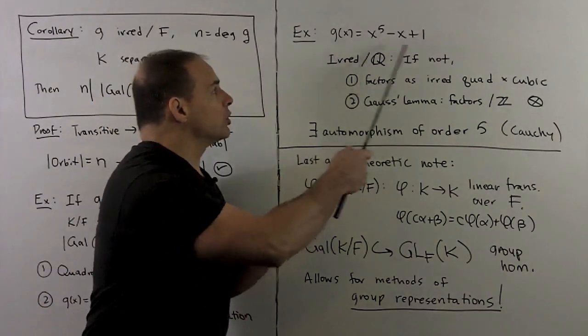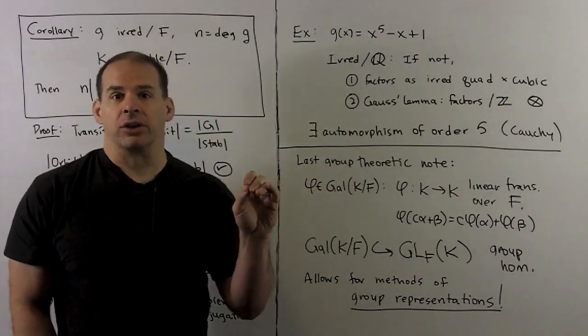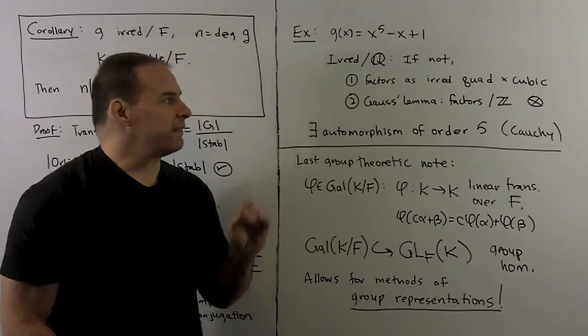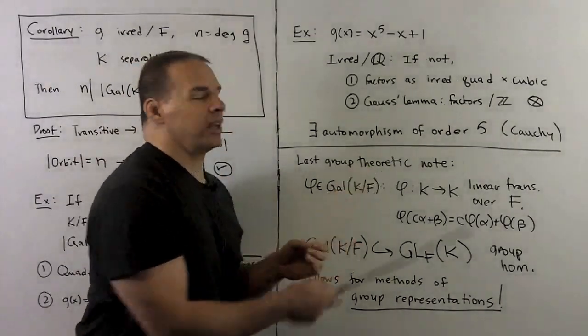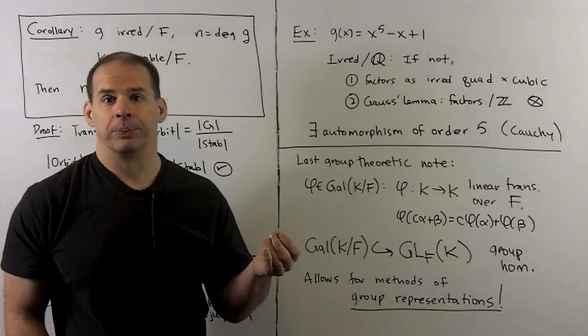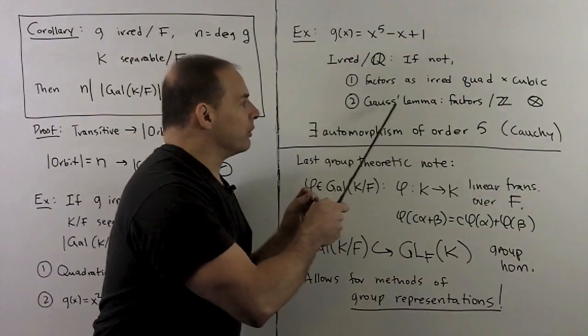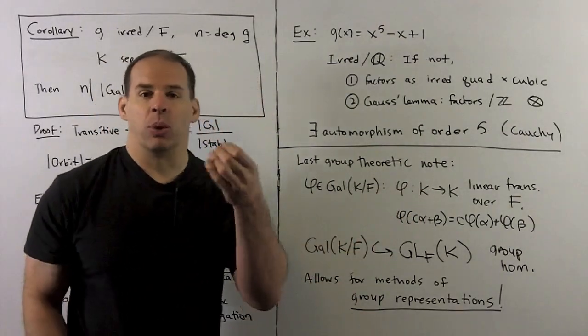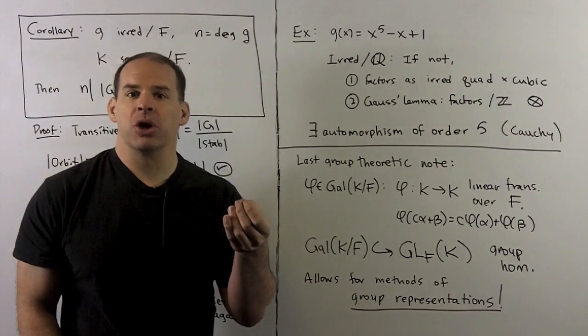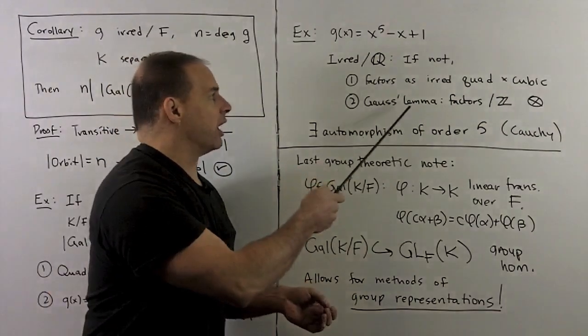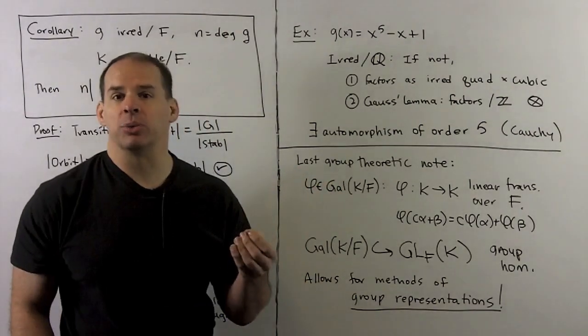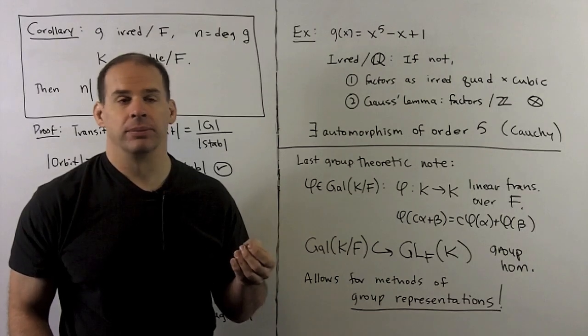So if this were reducible, there are no linear factors, so the only possibility is it factors as an irreducible quadratic and an irreducible cubic. We also have by Gauss's lemma that this must factor over the integers. If we put 1 and 2 together, brute force will show there are no solutions of this type. So it has to be irreducible over the rationals.